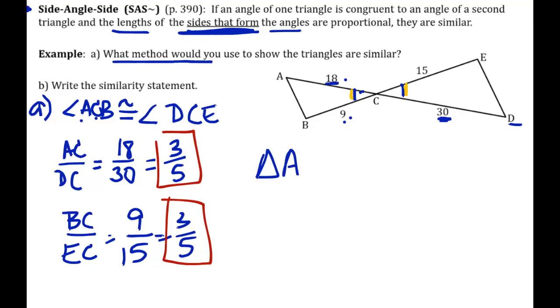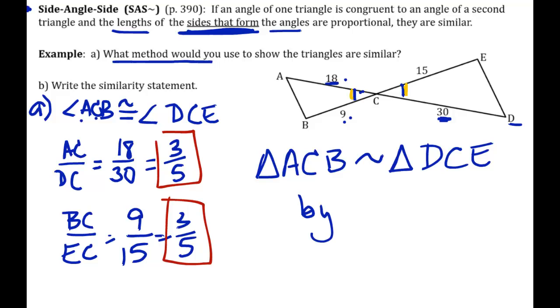Triangle ACB is similar to triangle DCE by side, angle, side, similarity. Okay, those are the three types that we have, and that's it really for 6.4 and 6.5. Just time for you to practice.